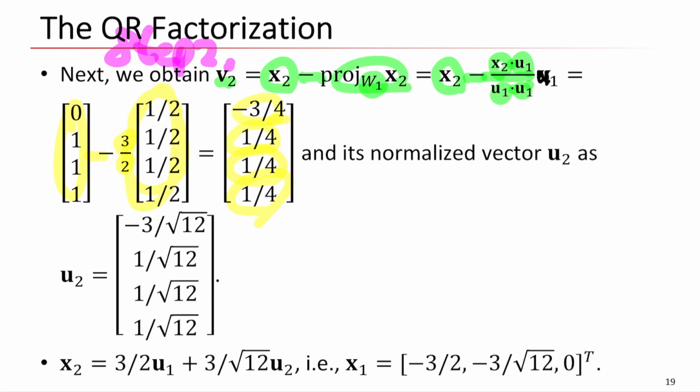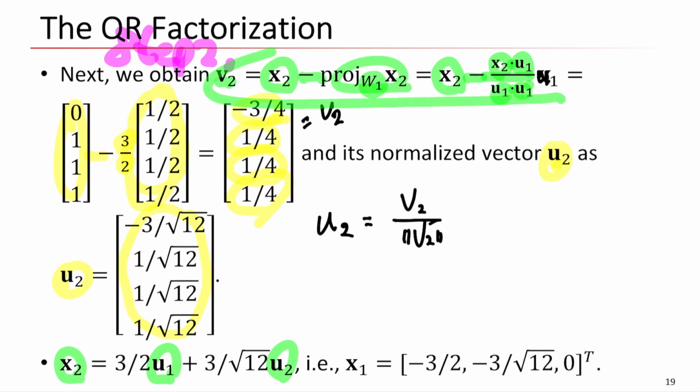Then this is actually v2, but we want the normalized vector u2, because we want to find the orthonormal basis, right? So u2 is v2 over the length of v2. Then we want to represent x2 in terms of u1 and u2.